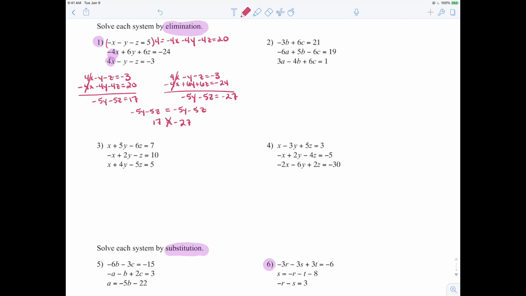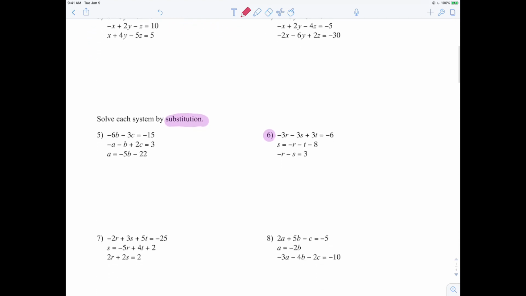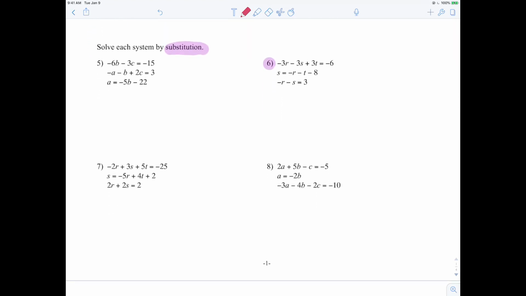This doesn't work. And so this system has no solutions. That's what that looks like. A series of false statements. So you'll work out the other practice problems by elimination, and you'll be able to find another special case that I'm going to look at here in the second example when we substitute.